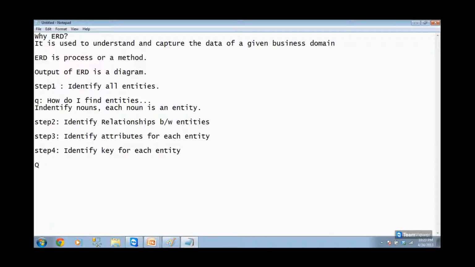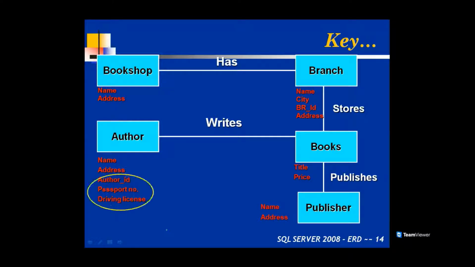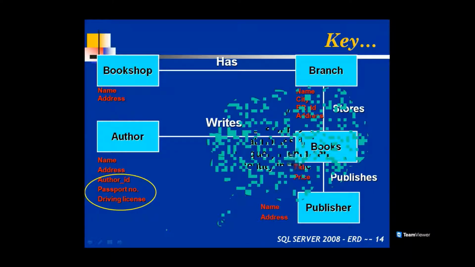Now the question is, what is a key? Let us understand what is a key. Now you have author ID, you have passport number, you have a driving license number. All these three are attributes, but all these three are known as keys. But let us understand what is a key.